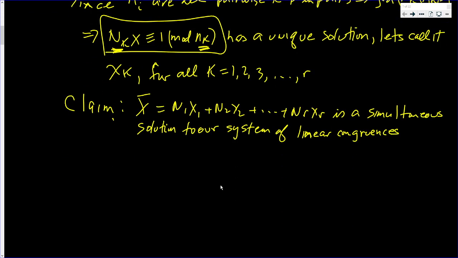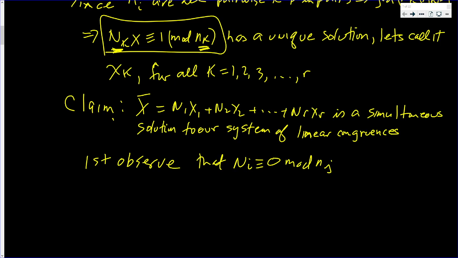Now, we need to establish a few things. First, observe that big N sub i is congruent to 0 mod n sub j, if i and j are not different. And the reason is this here contains a factor n sub j. So little n sub j divides that.